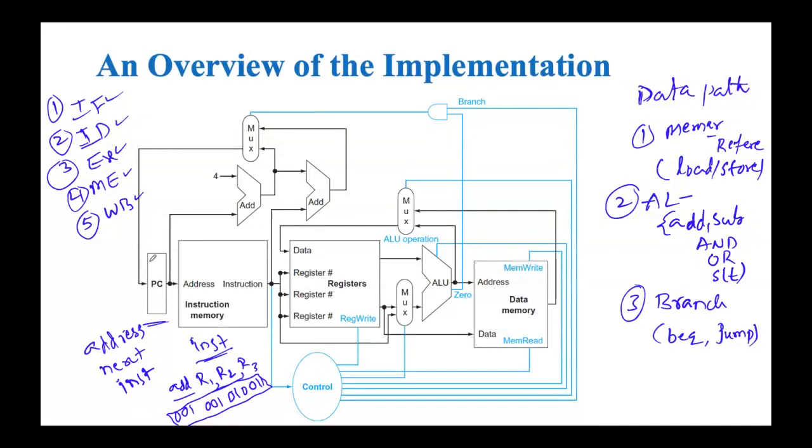So the first component is the PC, the second component is the instruction memory, and the third component is the register file. We use general purpose registers for performing any arithmetic and logic operations. These registers are in the register file.